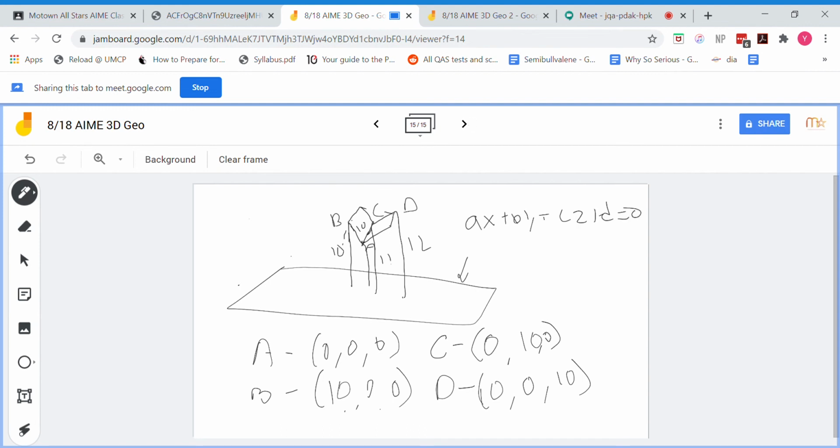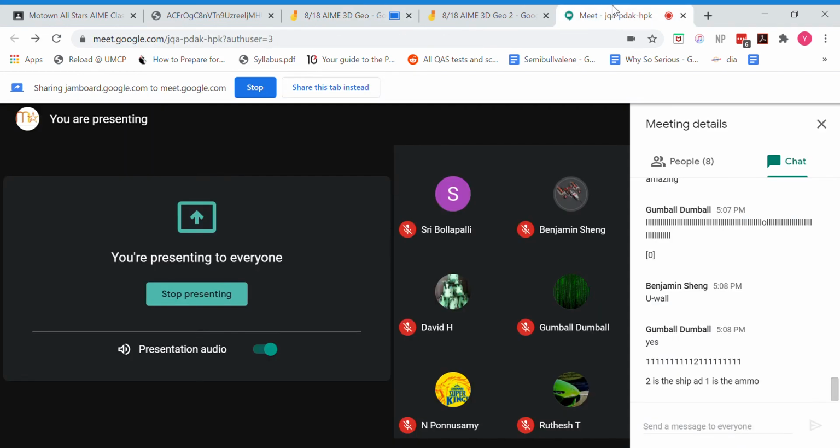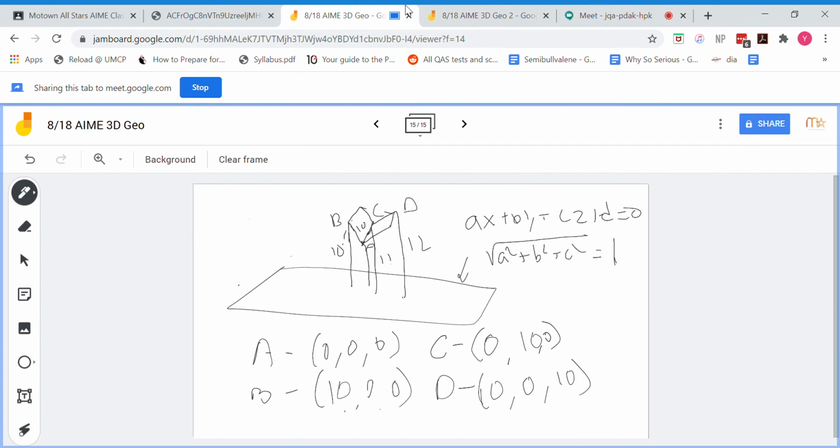You can always scale the plane, but if we normalize it, using the condition that a squared plus b squared plus c squared must equal 1, then this is a unique equation for the plane. There's only a single equation that satisfies these two constraints for any given plane.